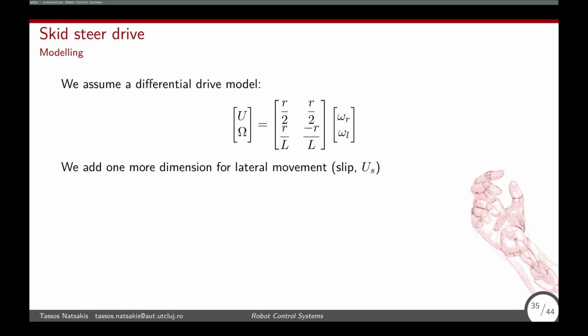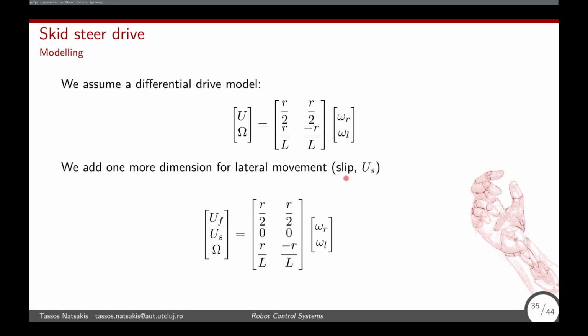In order to introduce this uncertainty for the slipping, we also add some lateral movement, which we call slip. So I have basically the forward velocity, the sideways velocity, and then the angular velocity. In an ideal scenario, I consider this to be 0. That's why I have 2 zeros here. So I always have slipping 0, right?